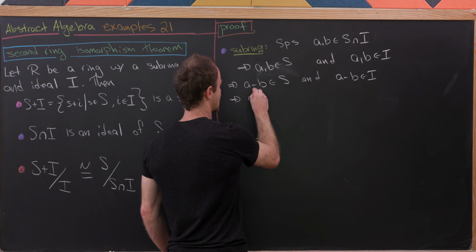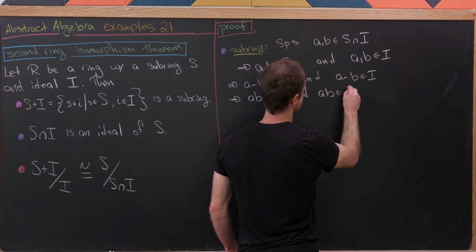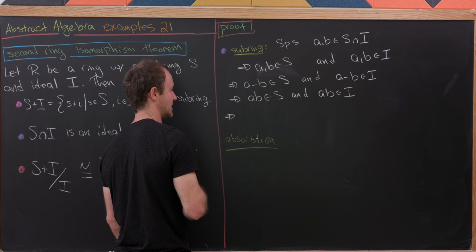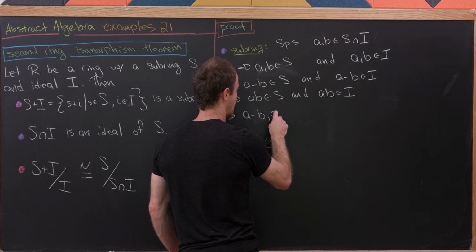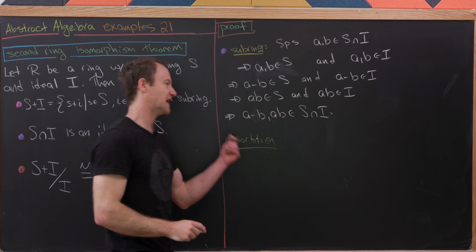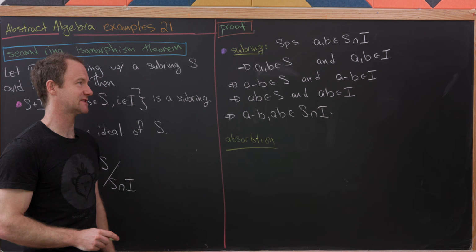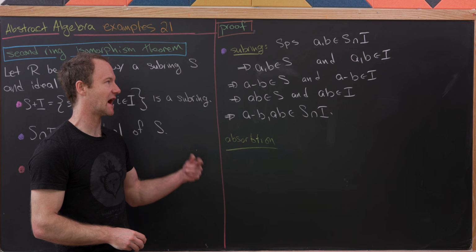But then a times b is in S, and a times b is also in I, again because they're both subrings. But now putting these last lines together, that tells us that a minus b and a times b are in S intersect I. But that's where we needed to end up for this subring test. So yes, S intersect I is a subring. And here we didn't use the fact that I was an ideal.